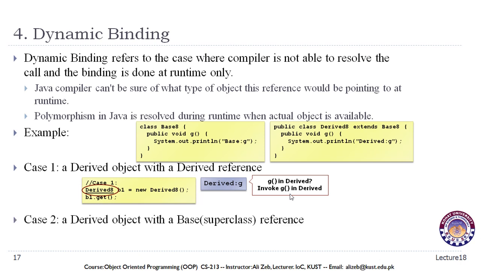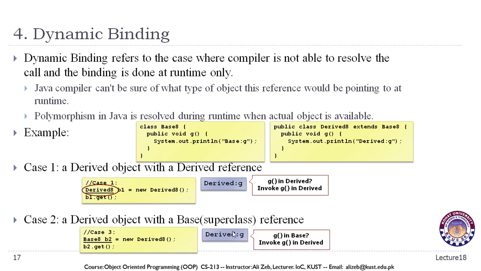But now a derived object with a base or superclass's reference. In this case we are declaring an object of the subclass with the superclass's reference. When we call the same g method with the object, we will get again the same result, because even though we are using the base class as a reference to declare this object, it will invoke the method in the subclass because we are using an object of the subclass.